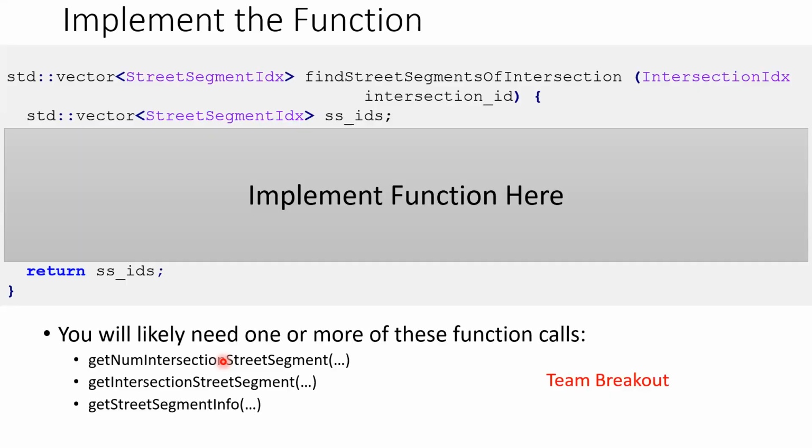And now you can split into your teams and, in a text editor, or if you have your project M1 ready, you can VNC into the UG machine and try to implement an initial version of this function using the 3 functions that I just introduced.